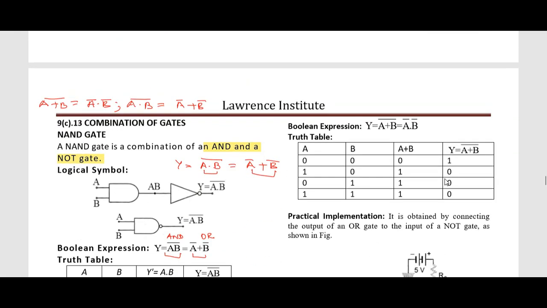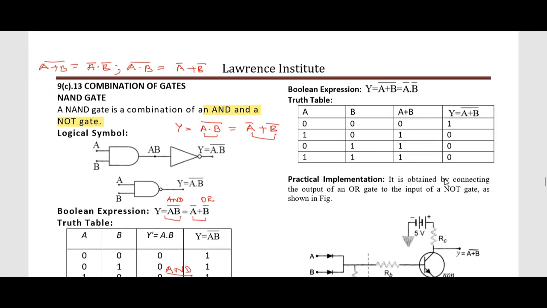And now let us do the truth table for NOR gate. 0 plus 0, if we are ORing, or if we add them, we get 0. And now we will take reverse of this, which will be 1. NOT operation converts 0 into 1. Then 1 and 0 gives us 1, and NOT operation converts it into 0. In the next case A input is 0, B input is 1, and here we get 1 by ORing.